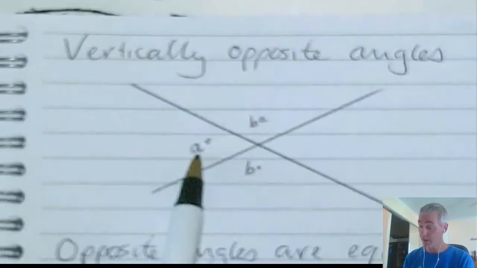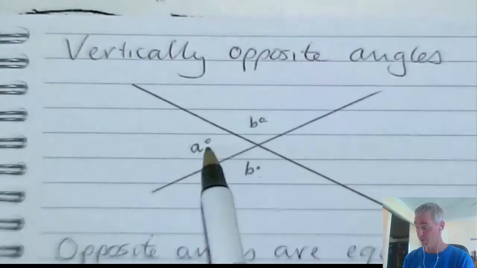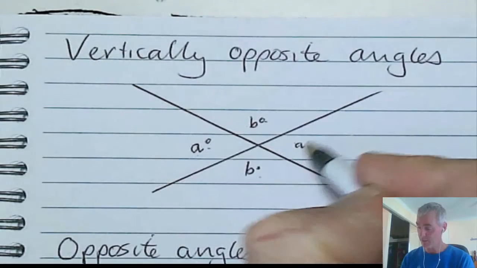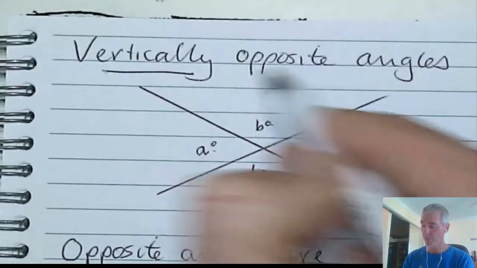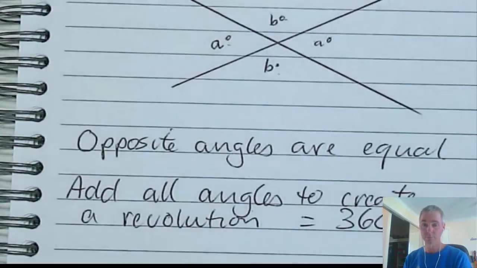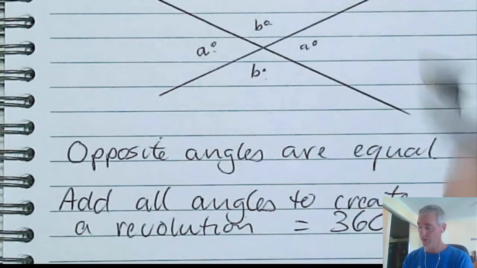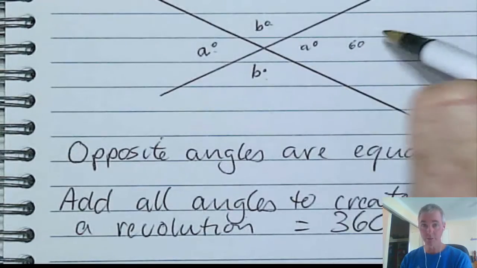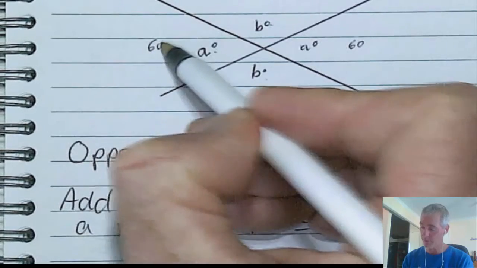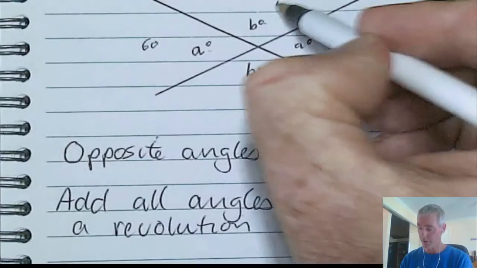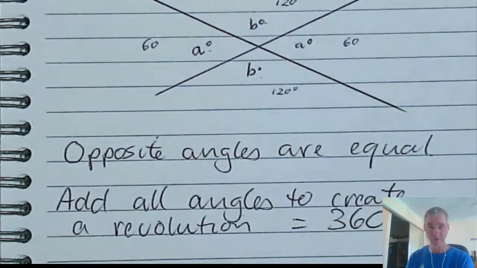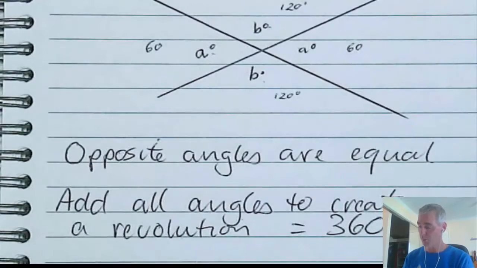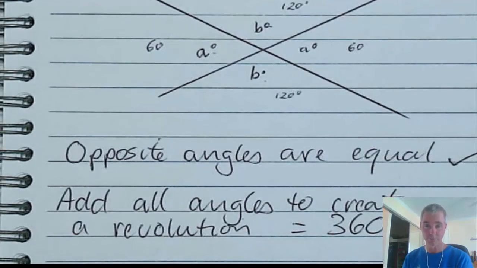I have an angle here that I don't know what it is yet, but I do know it exactly matches the one opposite. These are called vertically opposite angles. Opposite angles are equal, and that's important. If I find out that this is 60 degrees, then I can know straight away that this is 60 degrees. If I find out this is 120 degrees, then this one over here matches it and is 120 degrees. Really important to remember, opposite angles are equal.